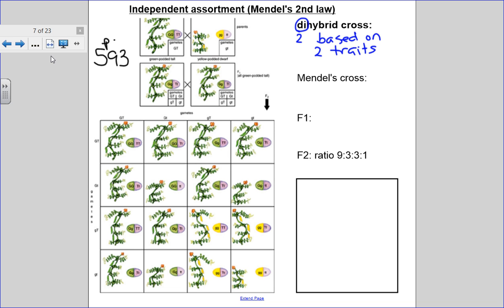So here is an example of what Mendel would have done. Mendel took two plants that were homozygous for two traits and then crossed them. So in Mendel's cross, he took two homozygous plants, and this is for two traits, and crossed opposites.